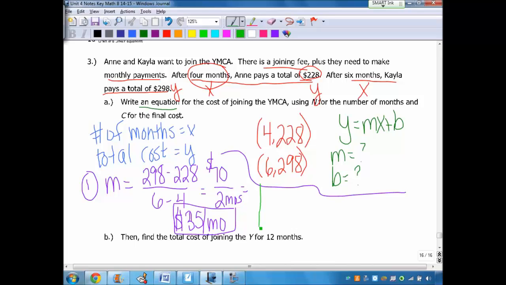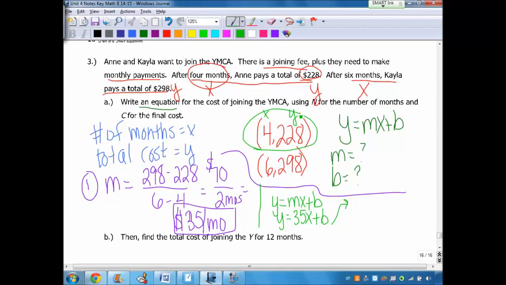Okay, now that you've done that, we need to figure out the actual equation of your line. To do that, you would use y = mx + b, and then you can use 35 for the slope. So y = 35x + b. Now, you need to plug in any coordinate you want. It's up to you. I'm going to plug in this coordinate right here, (4, 228). Remember, 4 is x, 228 is y.